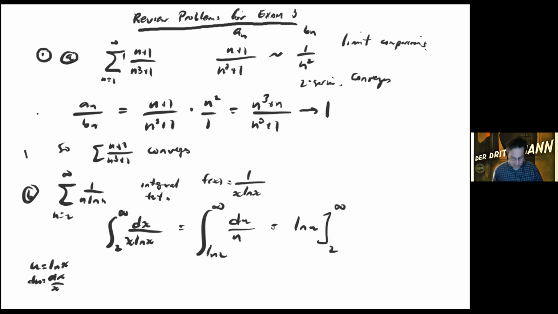But anyway, ln of u as u approaches infinity is infinity. So this improper integral diverges. So the series summation 1 over n ln of n diverges by the integral test. Okay, so that's 1b. I'm going to save this slide and pull up a new slide.